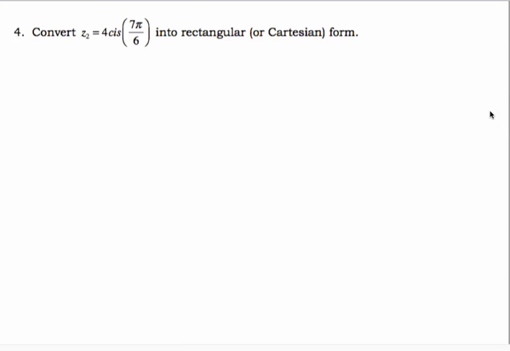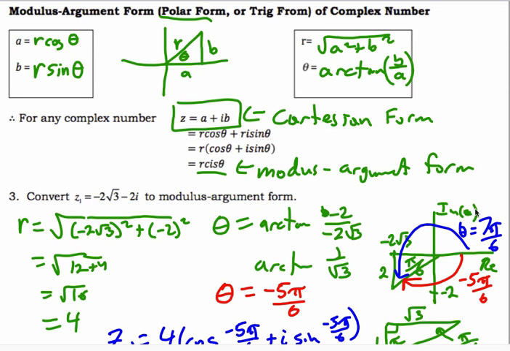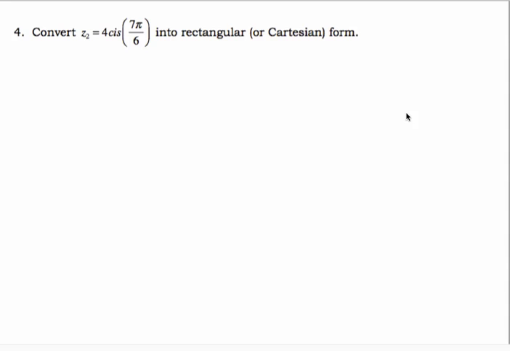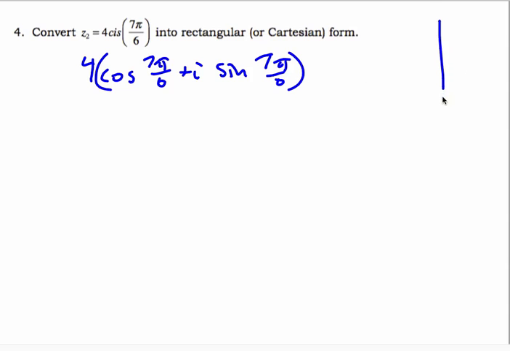Next, let's take a look. This one is going backwards, and actually, if you look very carefully, you'll get the exact same thing, 7 pi over 6. Let's just verify that. You can do 4 times cosine 7 pi over 6 plus I sine 7 pi over 6. 7 pi over 6 is more than pi, it's over here.